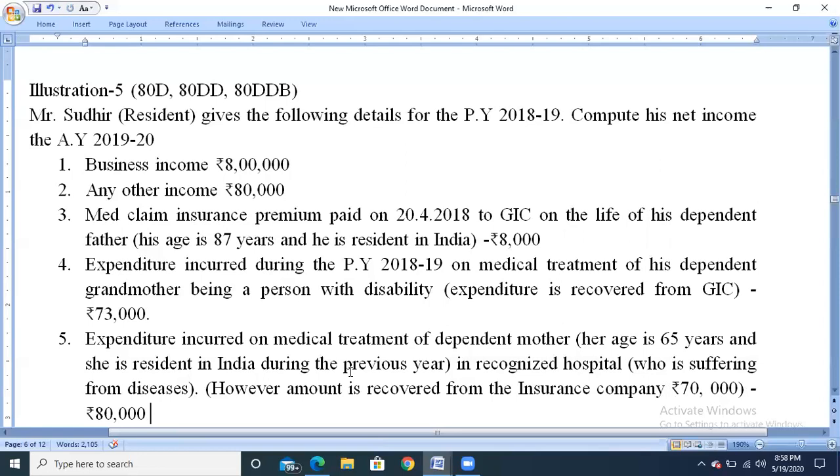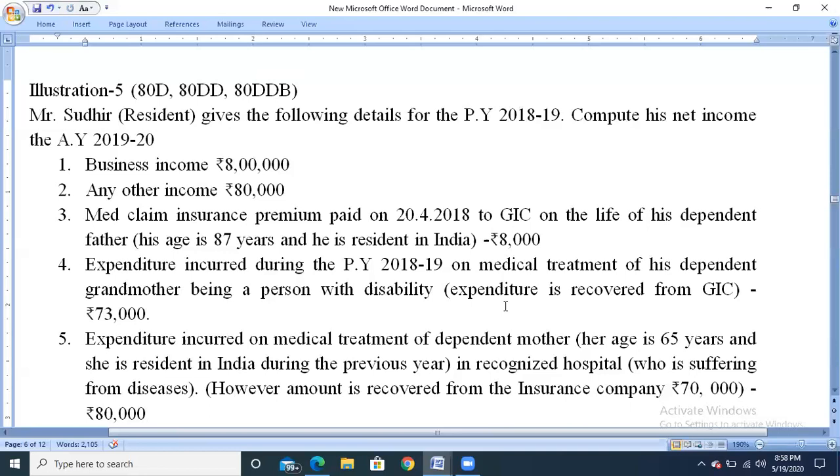Any expenditure incurred by the assessee for the medical treatment of family members can claim the deduction under section 80DDB. In case of a family member who is a senior citizen, up to rupees 1 lakh they can claim the exemption only if they are resident of India.